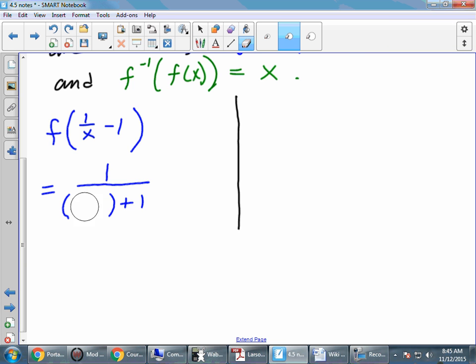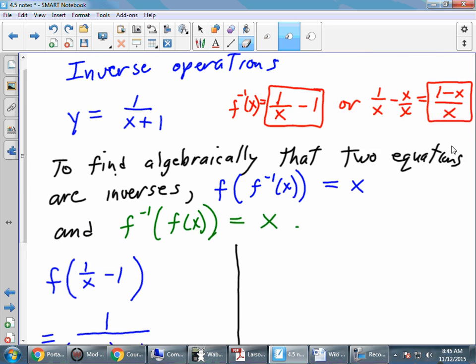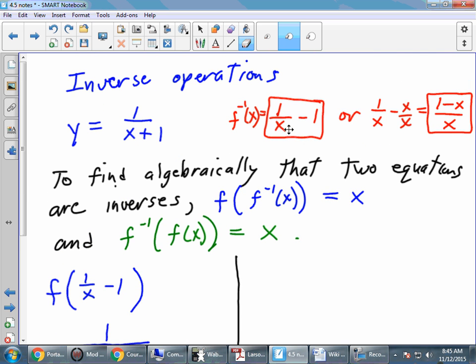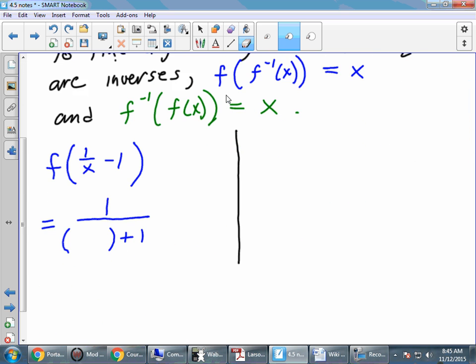I think it'll be a little bit easier if you do this one here, 1 over x minus 1. Okay? You can go either way, but I think that's a little bit simpler. Maybe not. I don't know. Which one's better? You like this one more? Okay. We'll keep going on it then.